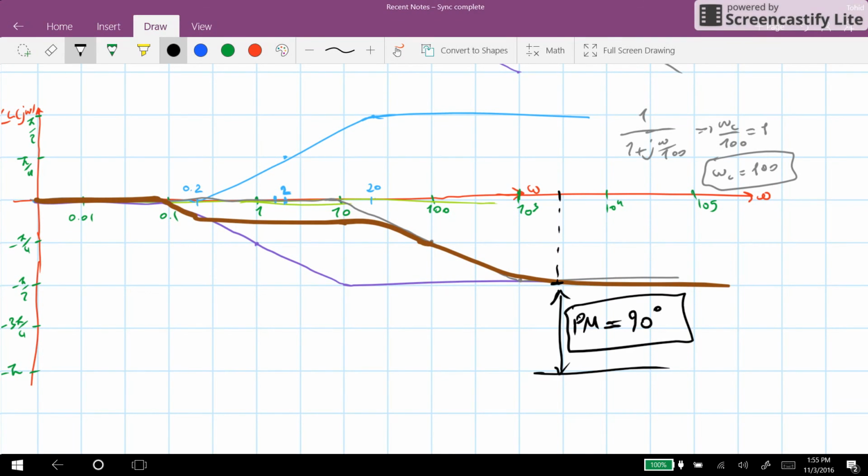And in terms of gain margin, since our phase never crosses minus 180, our gain margin could be considered as infinity, because whatever value that you choose for the gain, you increase it till infinity, the system will not become unstable at all.